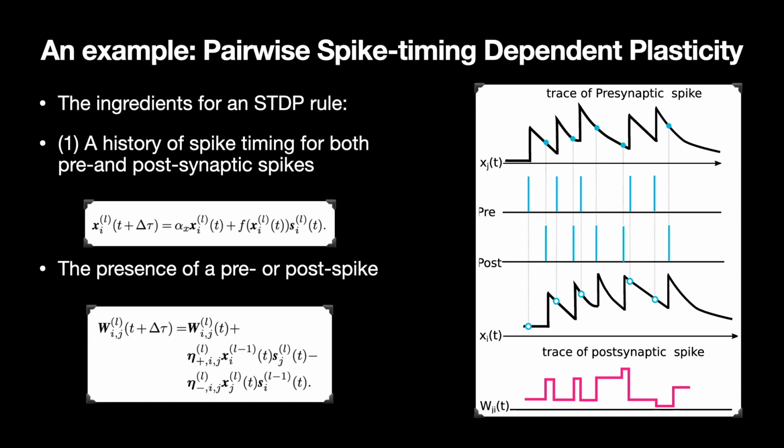If it would be better to decrease it, you decrease it, and that lowers the weight. Lowering it is depression, increasing is potentiation. And what STDP does is model the same thing, but without the derivative, without any external information. Just purely based on pre and postsynaptic information, you're updating the synaptic weight.